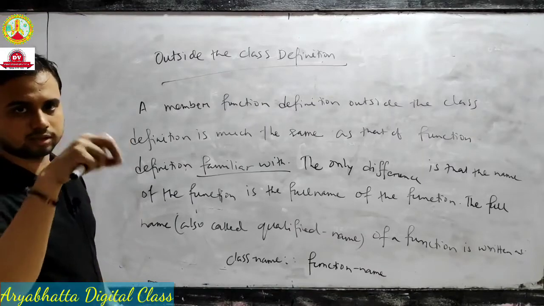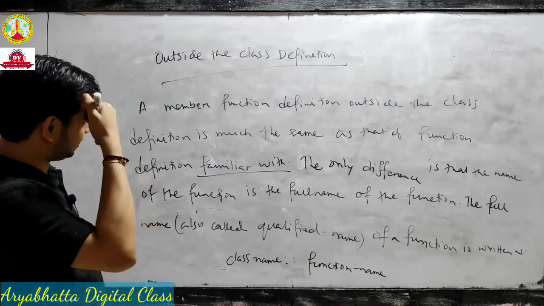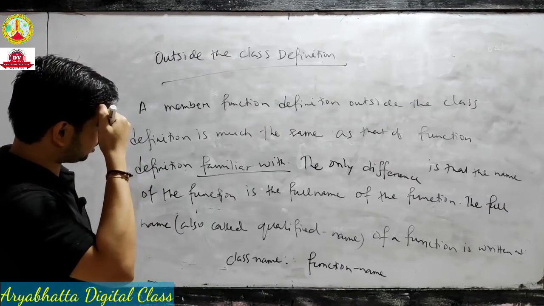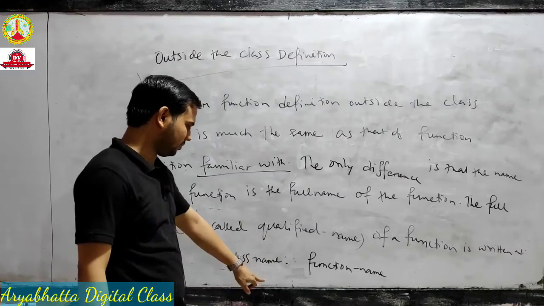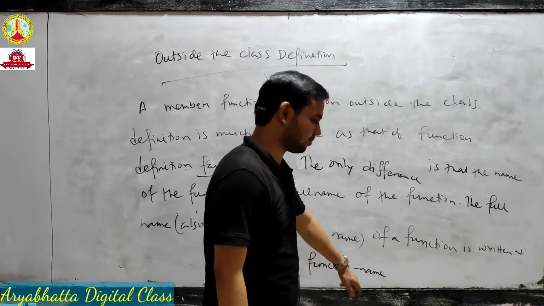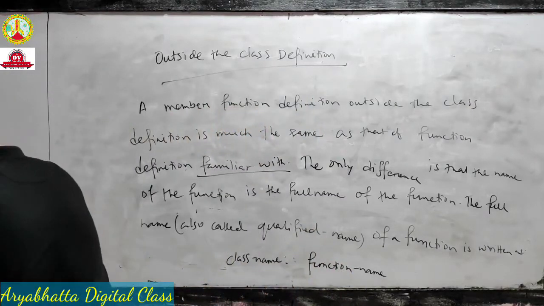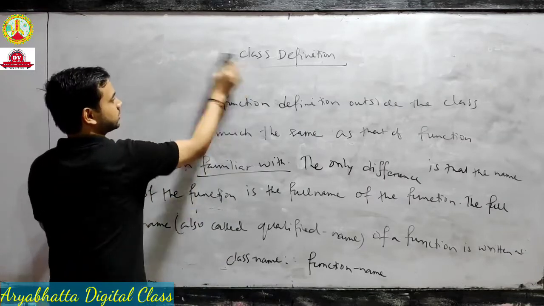The only difference is that the name of the function is the full name of the function. The full name, also called the qualified name of a function, is written as the class name with the scope resolution operator and then the function name.